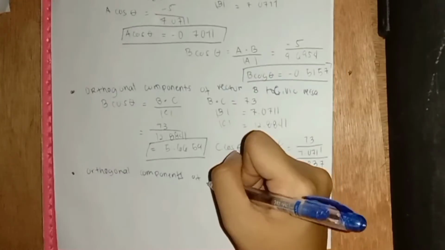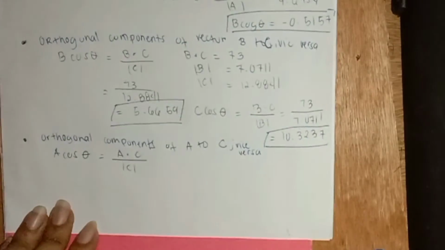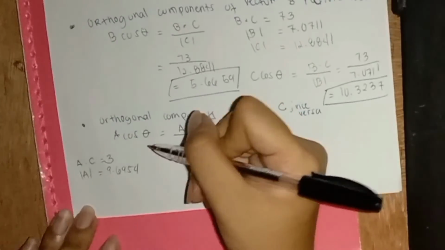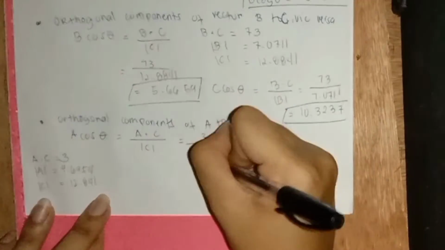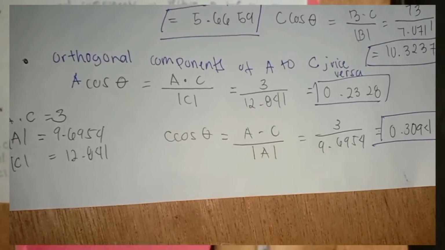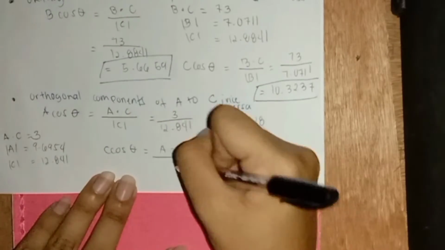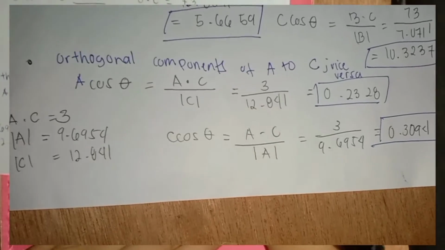For the orthogonal components of A to C and vice versa, we apply the same process above: we get the dot product and the magnitude, substitute, and get the value. From A to C, we have 0.2308, and for C to A, 0.3094.